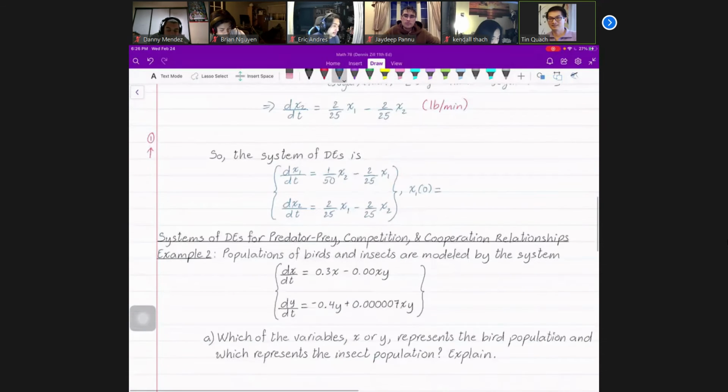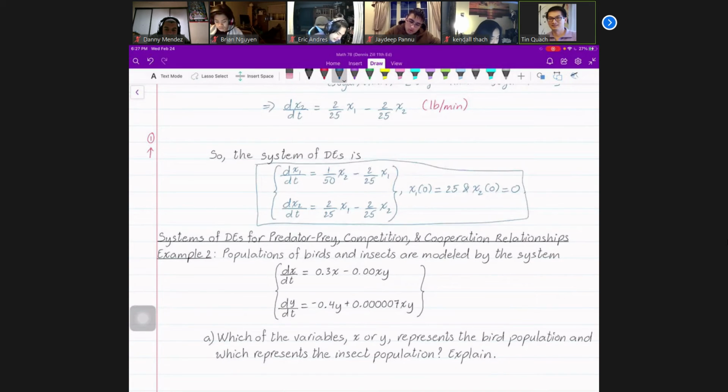So you have 25, and for tank 2, it is 0. Okay, so the system, which is actually an initial value problem, is this one right there. That's how you set it up.